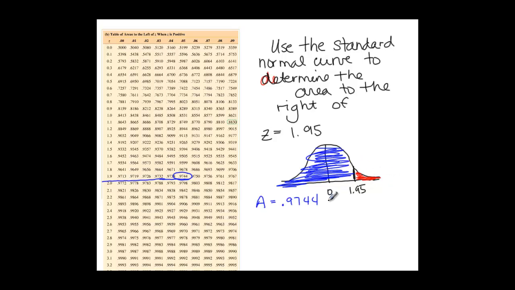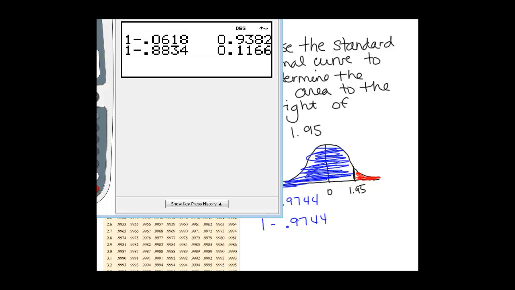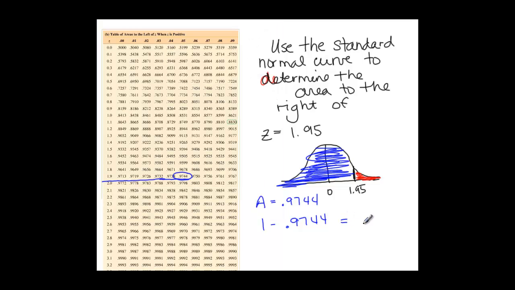Remember, the total area under the curve is 1. So we would take 1 and subtract 0.9744, which gives me 0.0256. Right there.